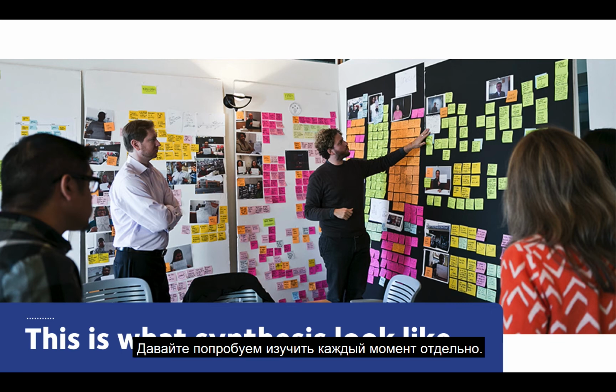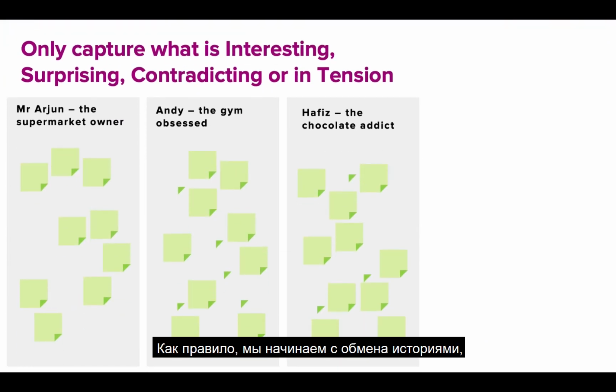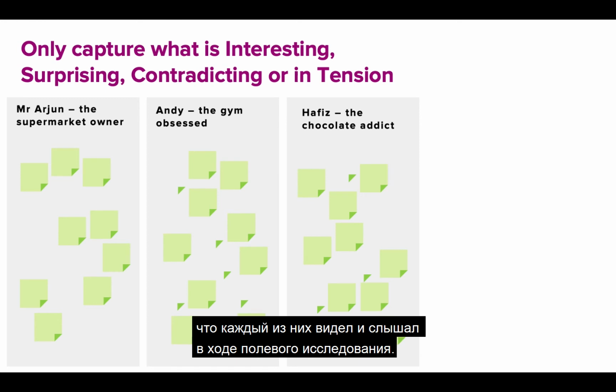So let's try to look at it from a step-by-step perspective. Generally, we start with a team share, sharing the stories that we heard. A team share serves at least three purposes. First, it allows team members to come up to speed about what different people saw and heard in the field.